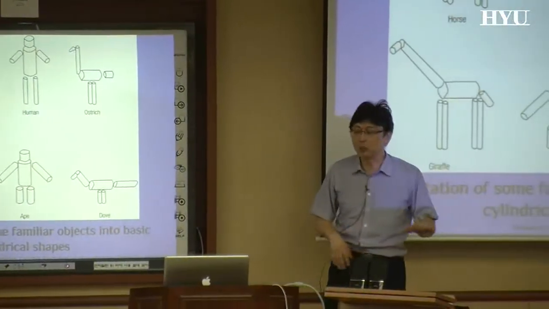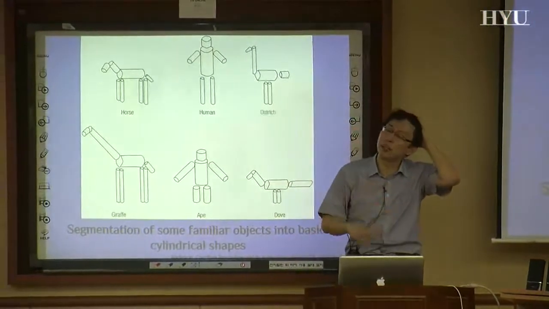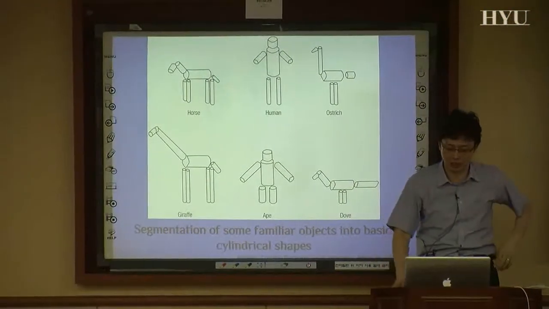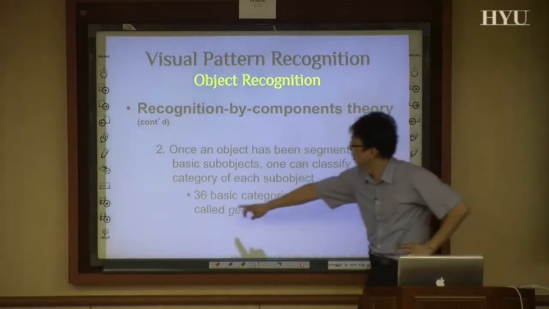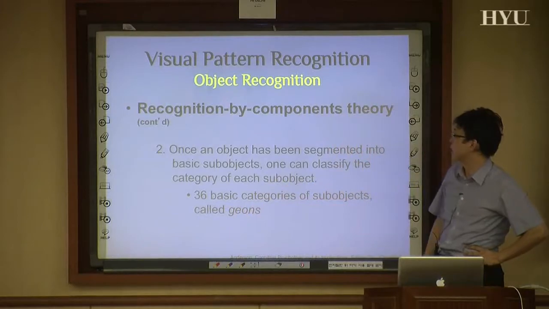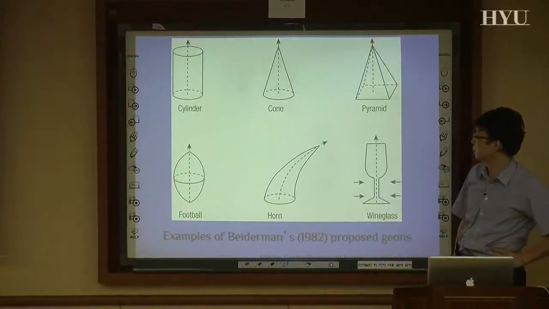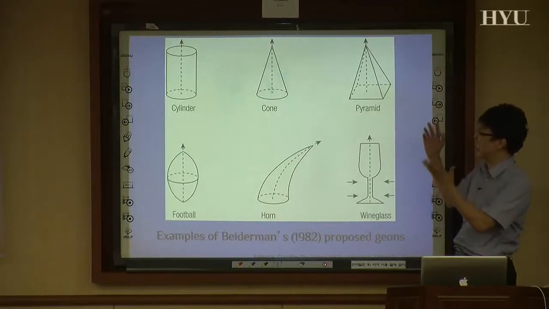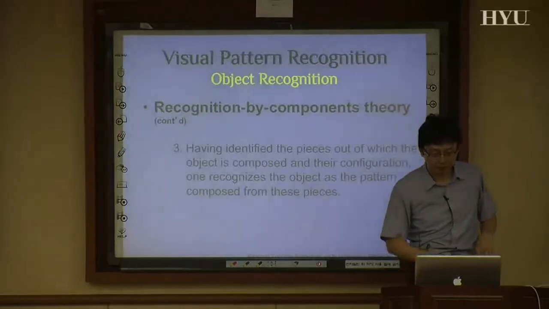But Biedermann proposed that our 3D visual perception can also be interpreted by feature analysis, the component theory. So there are 36 categories of sub-objects called geons. He developed these 36 geons for representing all 3D objects.